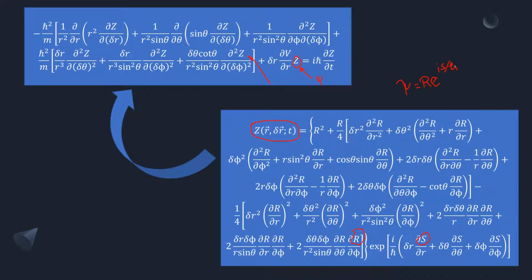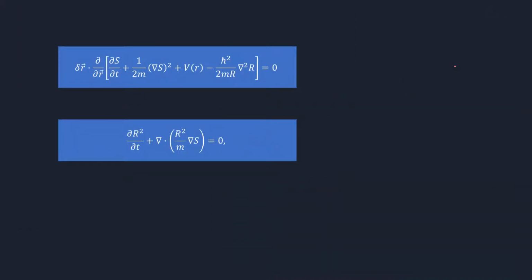Now we already write it in terms of Planck's constant. Okay? We must show that in fact two equations appear.